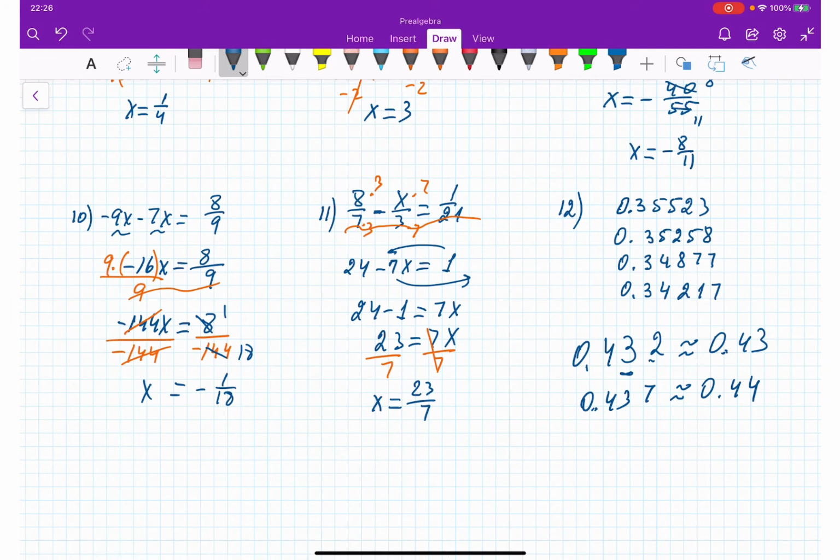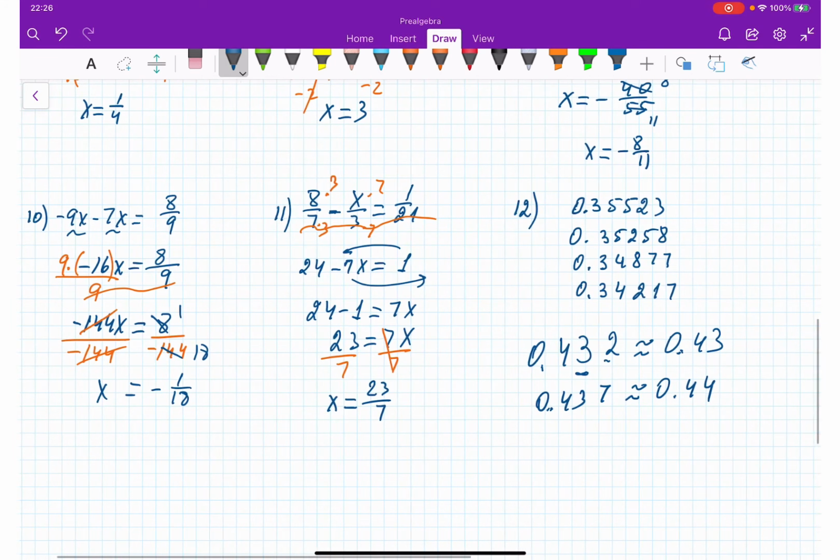Okay, so let's see what we have. Let's round it. We need to round to 0.35. The first one, because I have the following number 5, instead of 0.35, I will get 0.36. Next, 5 followed by 2.